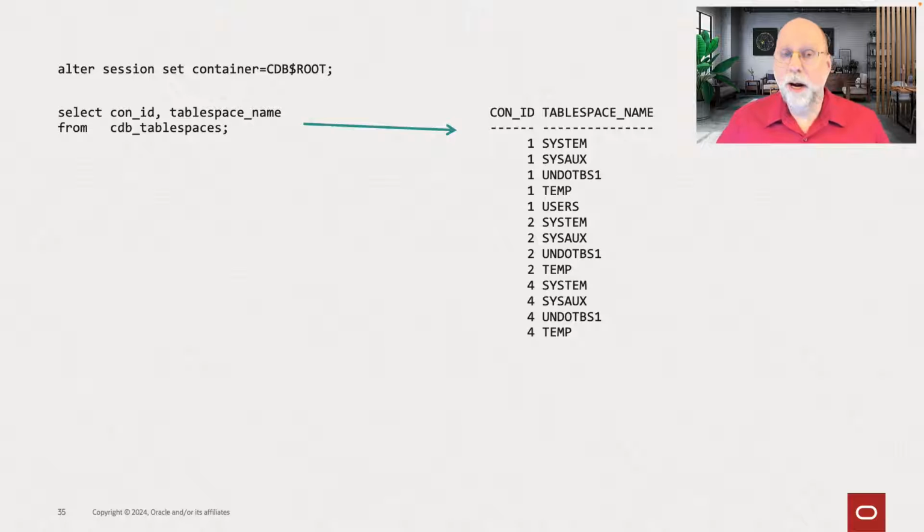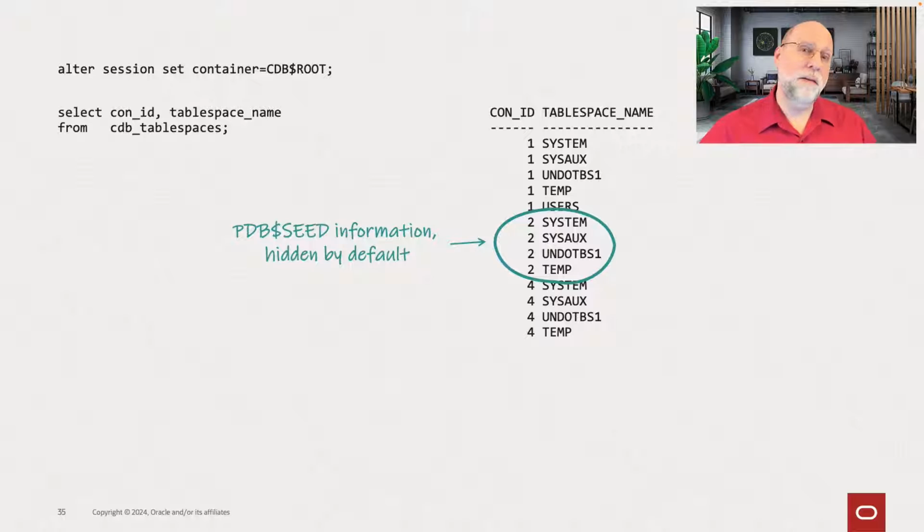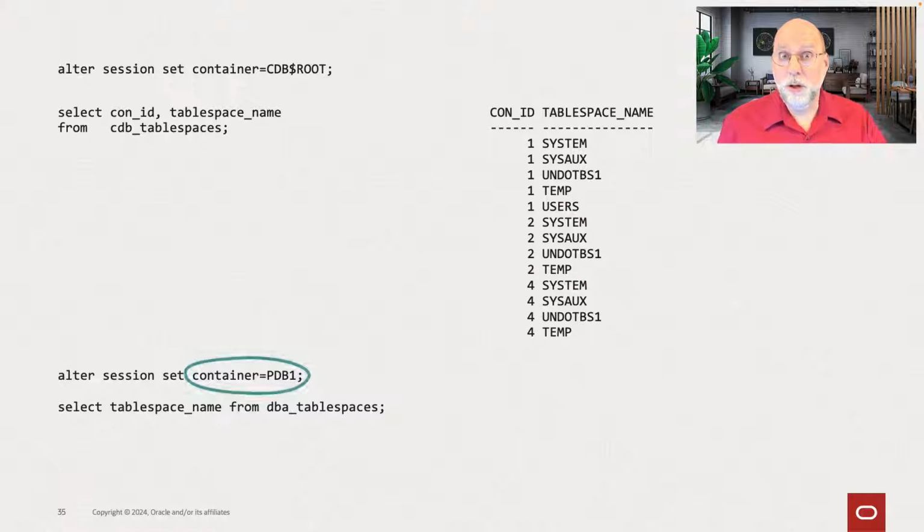But the container ID 1 is always CDB root. Container ID 2 is your PDB seed. Now, your PDB seed is not visible in these views by default, but we'll get to that much later in the talk today. And then the container ID 4 in this case is a user pluggable database, an application PDB.